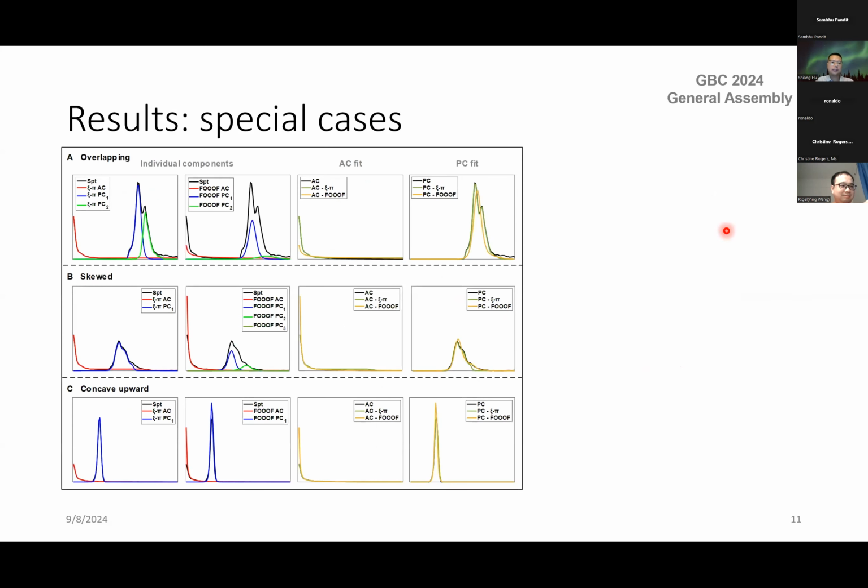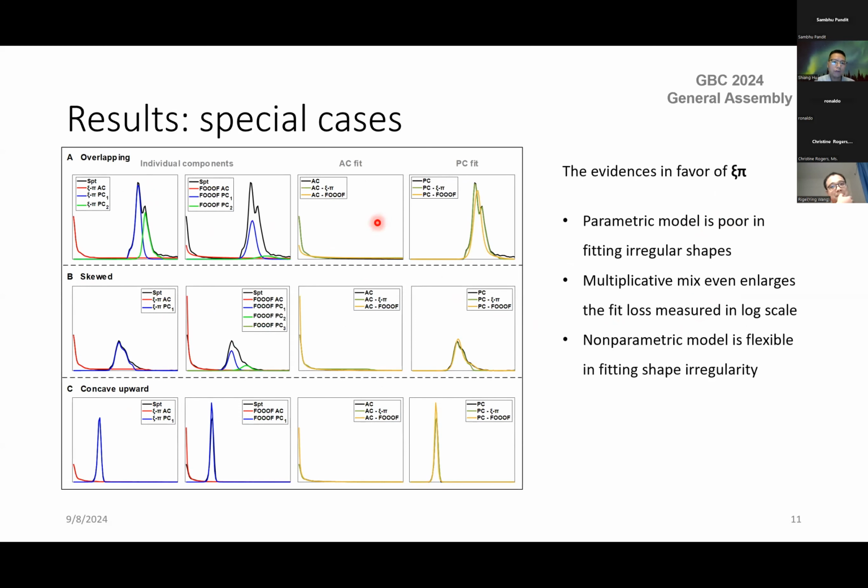And for the special cases, we check overlapping, skewed, and concave upward peaks that are typical shapes if we look at the source spectra or intracranial EEG spectra, SEEG spectra. So it shows that the parametric model is poor at fitting irregular shapes.